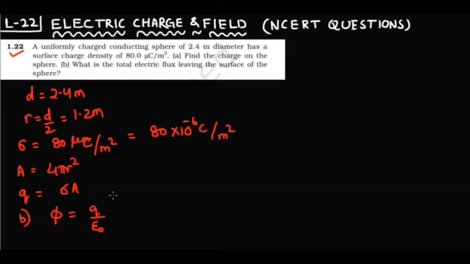Using Gauss law, we can easily calculate the electric flux: phi equal to Q by epsilon naught. So first you have to calculate Q and then put the value of Q here, and you know the value of epsilon naught, which is 8.854 into 10 to the power minus 12. By putting this value in this formula, you can easily calculate the total amount of electric flux.